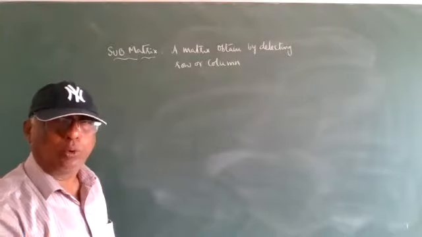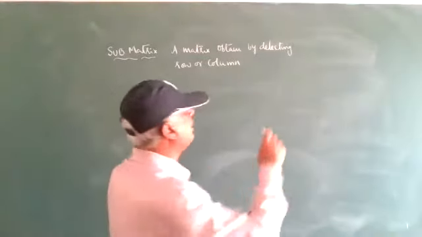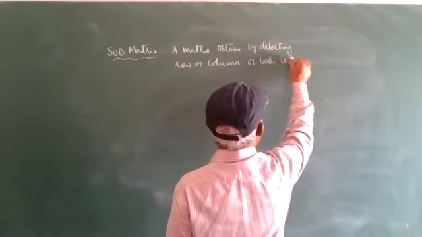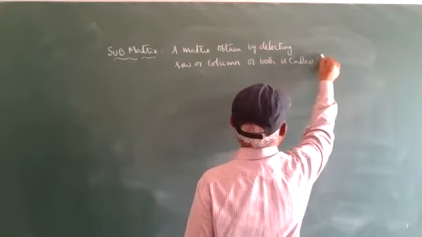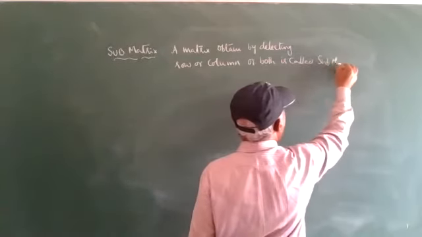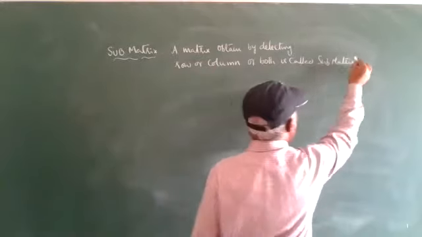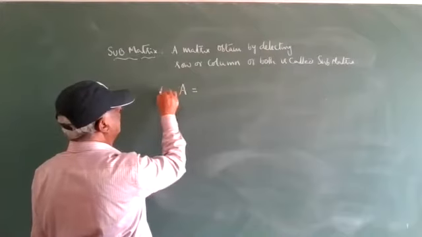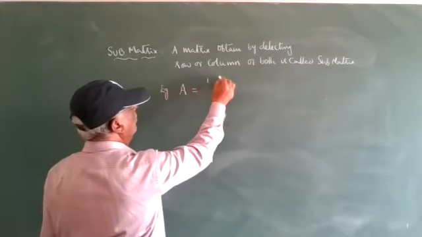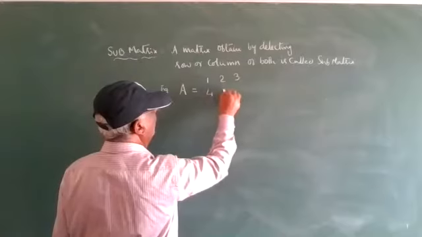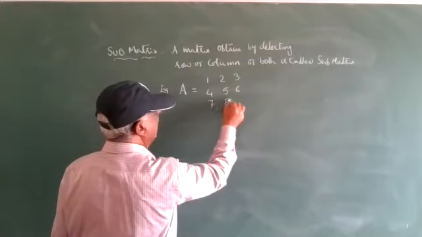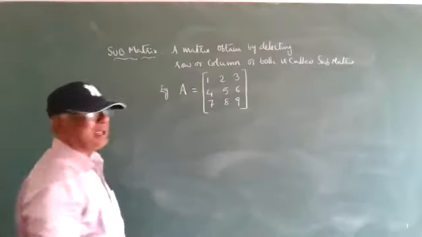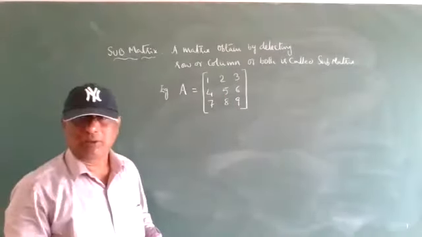Deleting the row or column or both is called a submatrix. Now see my example. A is the matrix 1, 2, 3, 4, 5, 6, 7, 8, 9. I take a square matrix, which means rows and columns are equal.